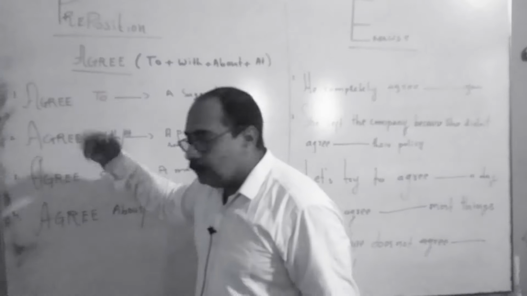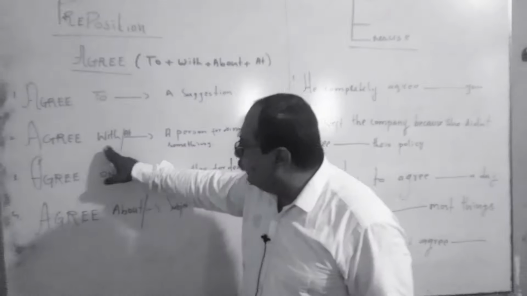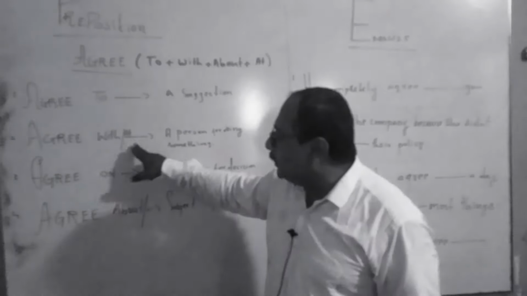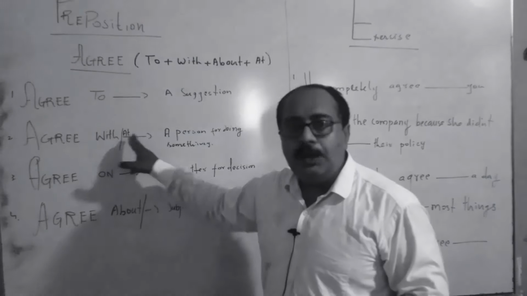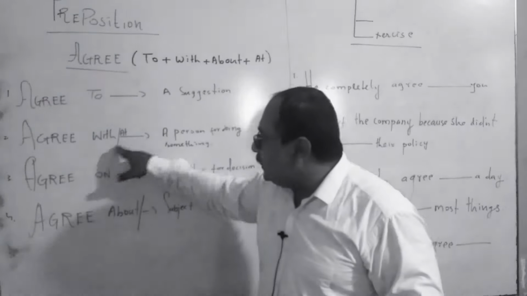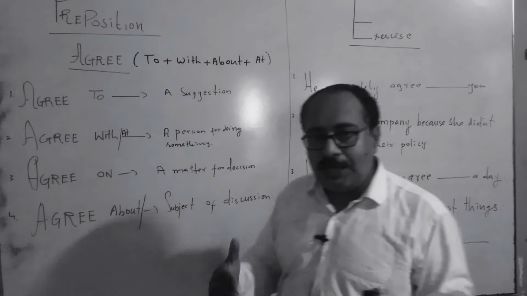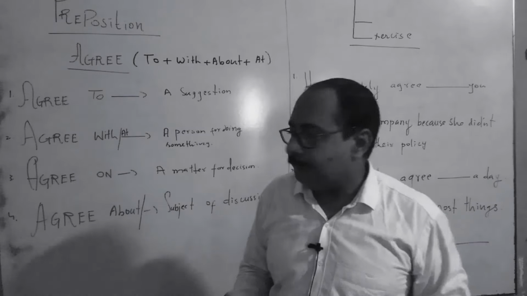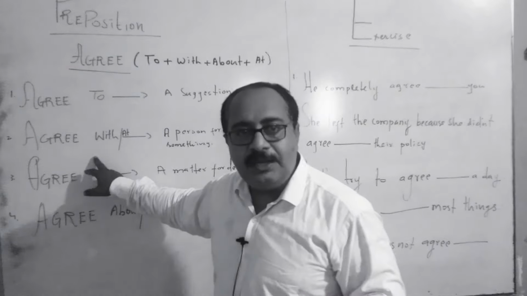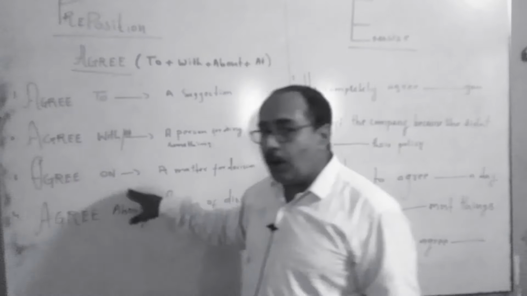Now there's another one, agree with. Sometimes with and sometimes in, both are right. Either you can use with or you can use in. When with is used, it means we are talking about a person, agreeing with the person for something he has done. Then we can use agree with. Number three, agree on.